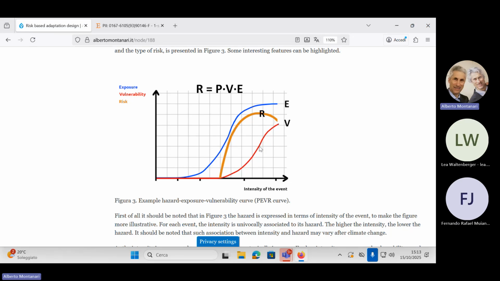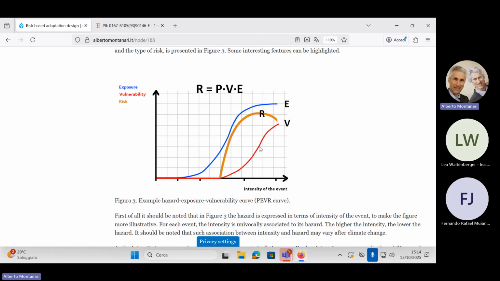If you want to put probability here, it's a bit different story because intensity increases for decreasing probability, and therefore you should flip the axis. So let's suppose that here you have intensity, or if you like more, return period. On the vertical axis, focus only on exposure, the blue. We have the exposure, the damage.